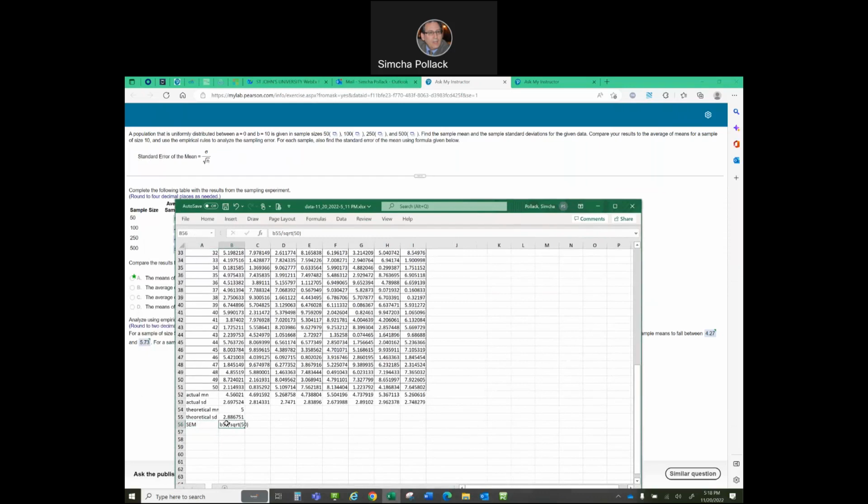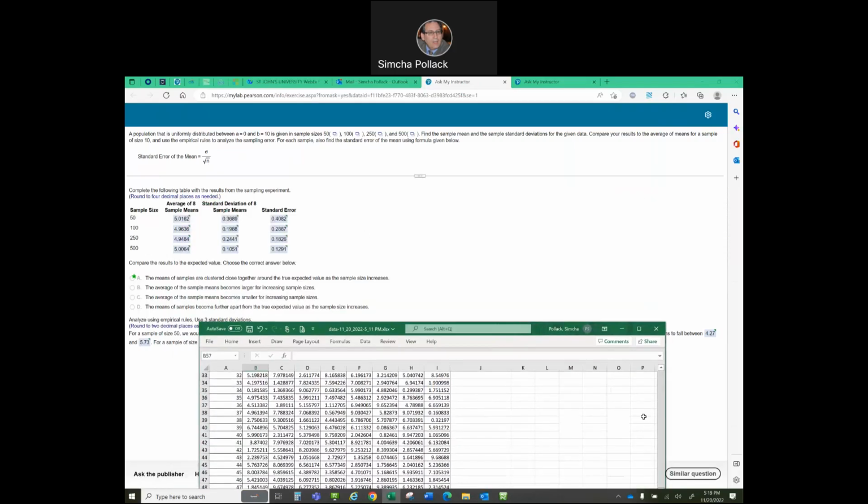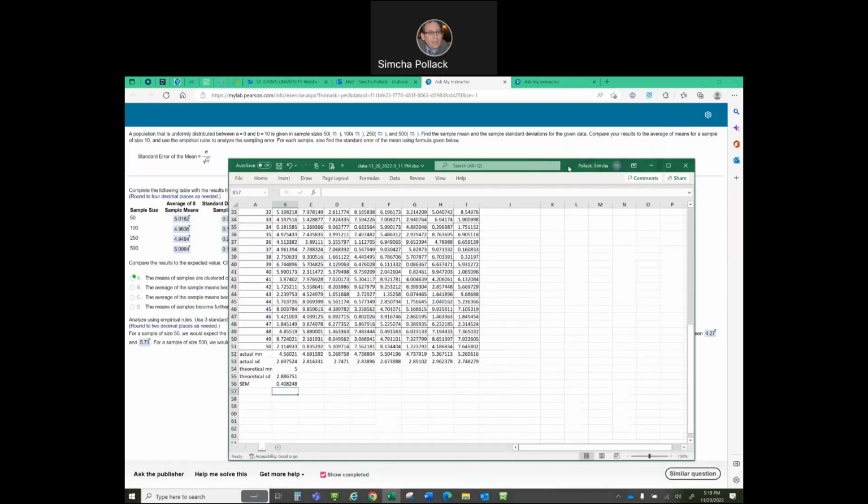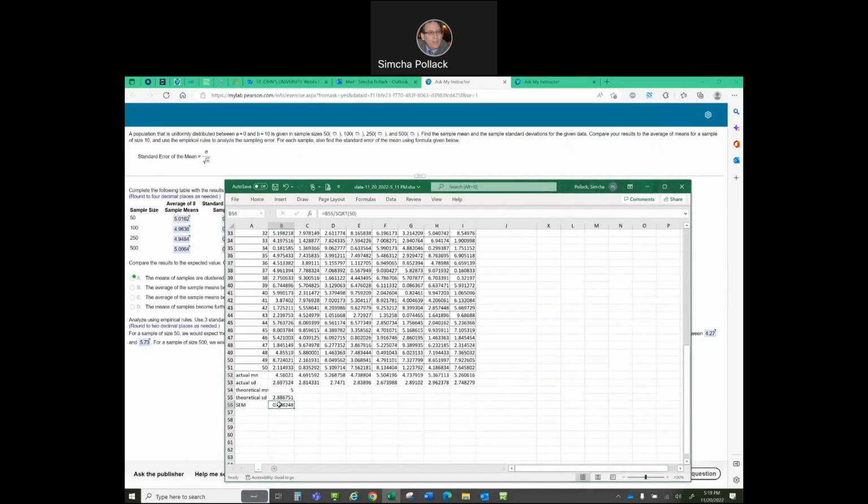Left out an equal sign, so we have to fix that. And this comes out to 0.4082, which we'll hopefully verify in a second. I'll talk a little bit about this, but the videos that I made on this chapter really explain this in much more detail, and you'll be working with this in later simulations as well.